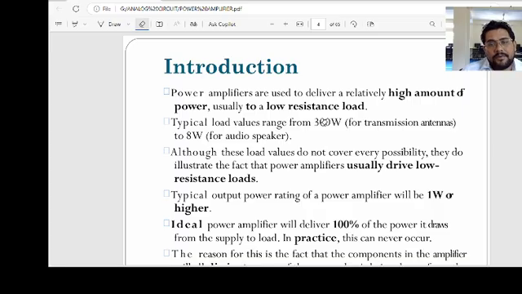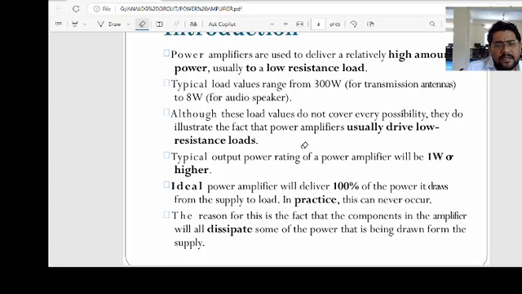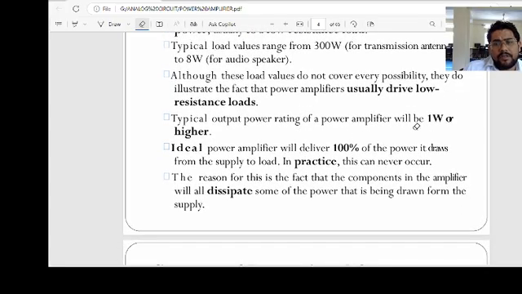Typically the load ranges from megawatt transmission down to an 8 ohm audio speaker. Generally the output rating will be 1 watt or higher, so the minimum rating should be 1 watt.